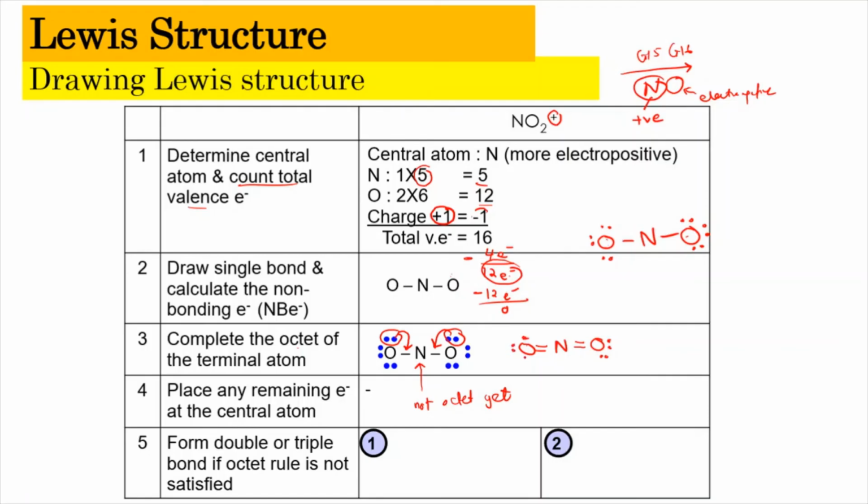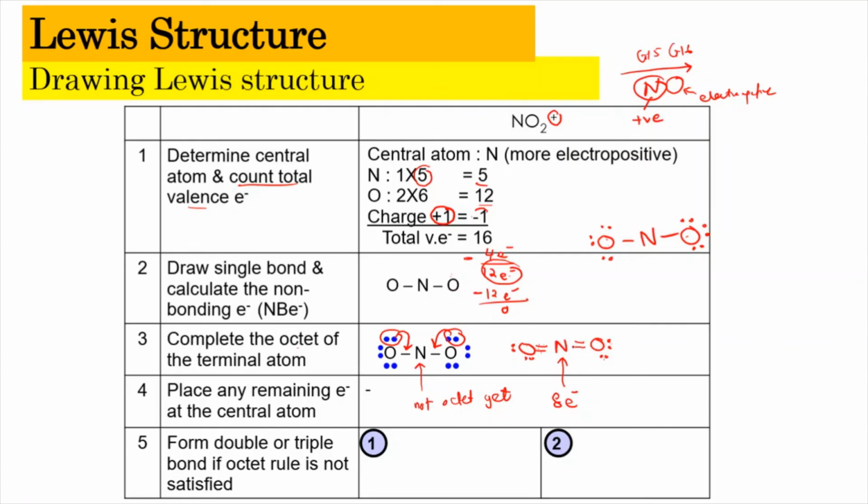So for example, like this. Okay, so the 2 lone pairs here are used to make up the bonding pairs, and then 2 electrons here will be used in order to make another bonding pair. So the nitrogen here is going to have 2, 4, 6, 8. So it becomes octet already. Okay, so similarly to the terminal atom, 2, 4, 6, 8, and then here 2, 4, 6, 8.